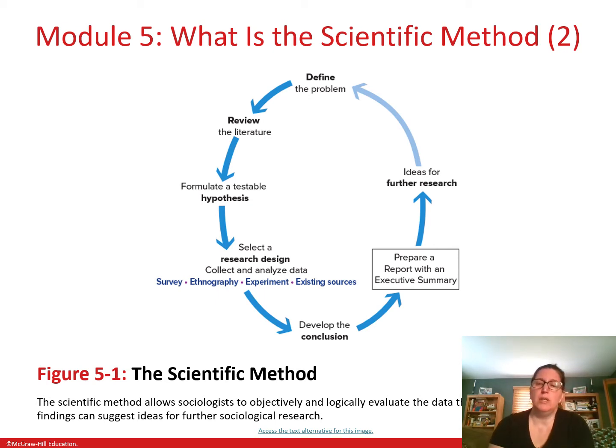What could we have done if we were able to, but we were limited? Oftentimes we are limited in the type of research based on funding, finances, time, things like that. And so we propose those ideas for future research, and then the wheel starts all over again.